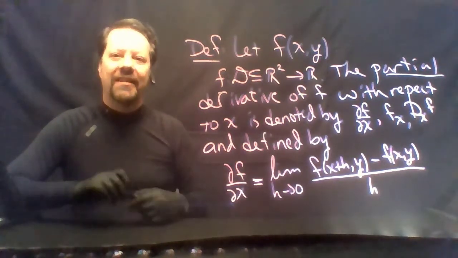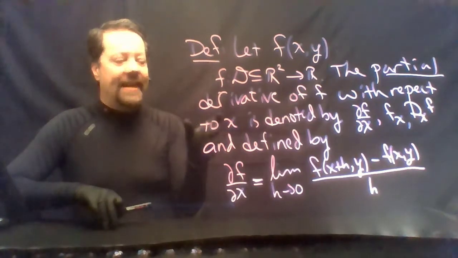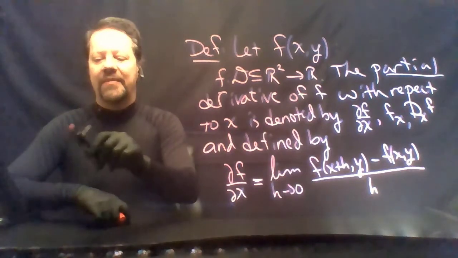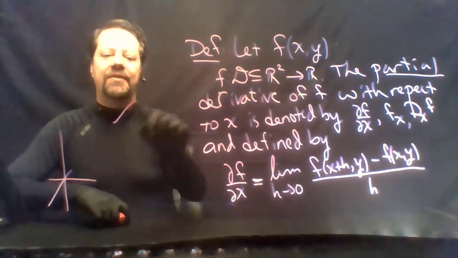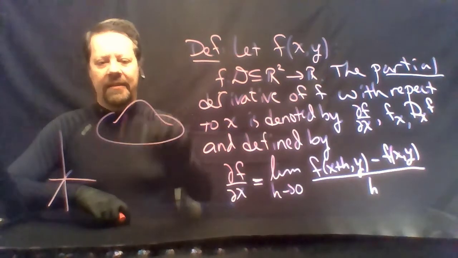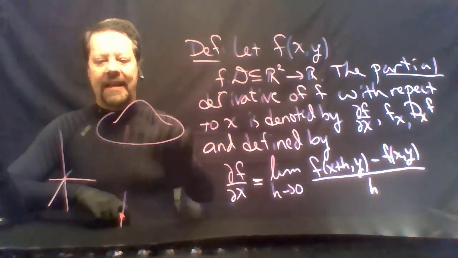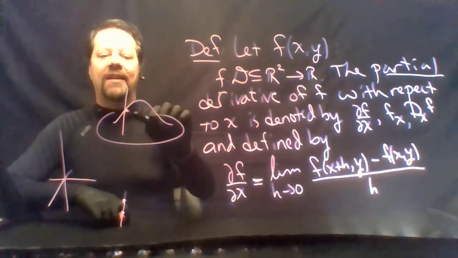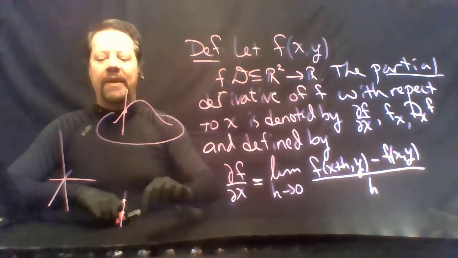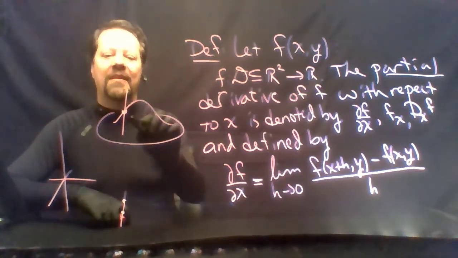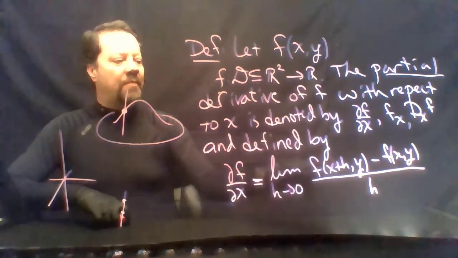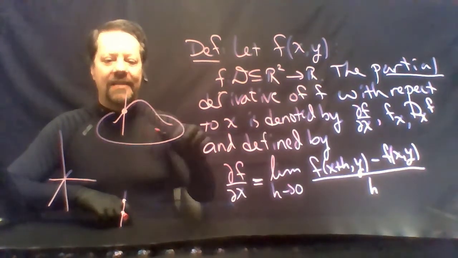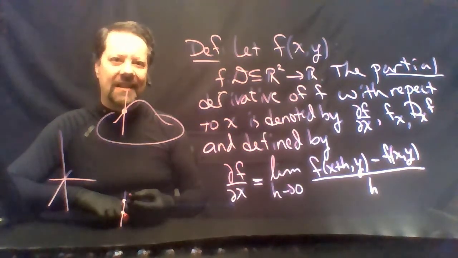In this definition, we're finding a slope in the x-axis direction. We're changing x a little bit. So if we had a surface like this, as we move parallel to the x-axis in the domain, holding y fixed, we'll get slopes of little tangent lines as we march parallel to the x-axis. And so that's what the partial derivative with respect to x gives us. Not tangent lines in any direction, but as we march parallel to the x-axis.